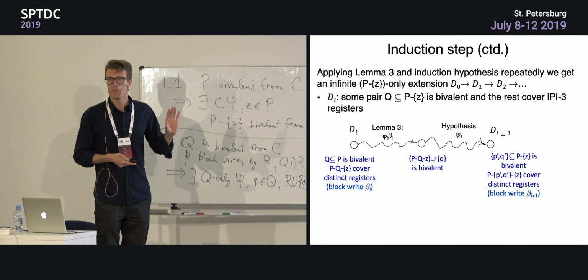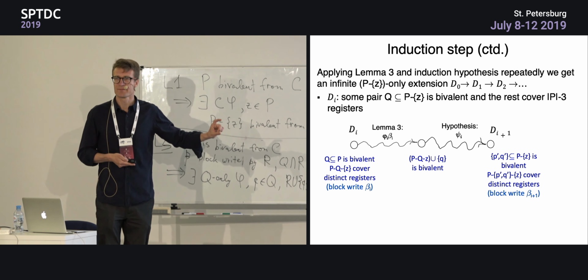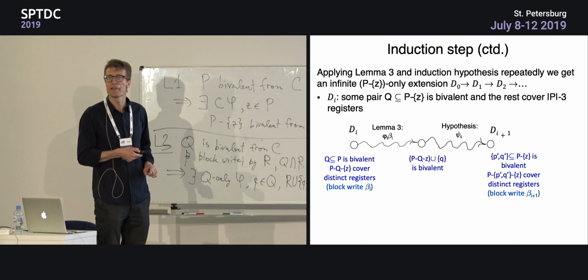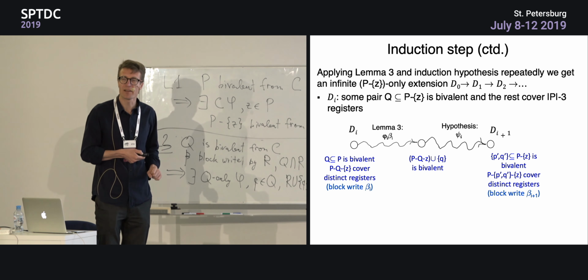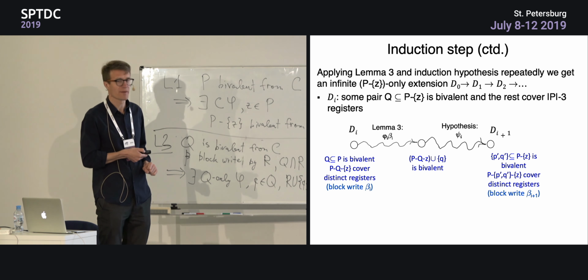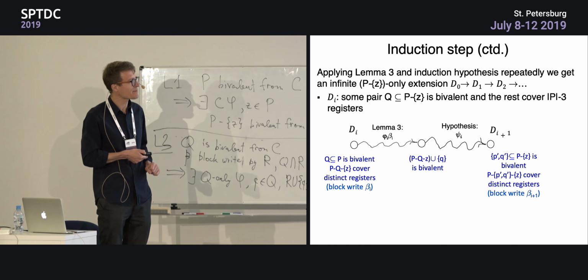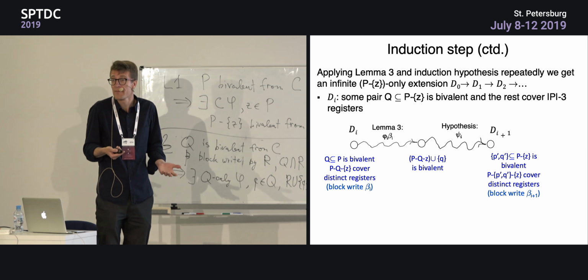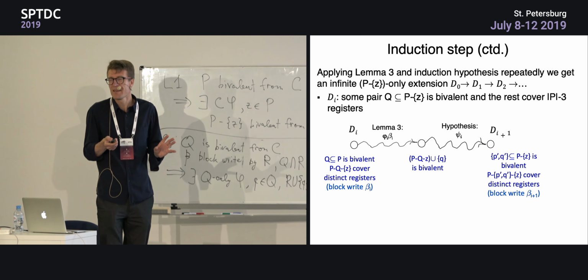So what is the takeaway from here? I have a longer series of bivalent configurations for different pairs of processes, in which different subsets of registers are covered, possibly different, possibly the same. If the same, I'm happy. But if they are different, I'm not that happy.